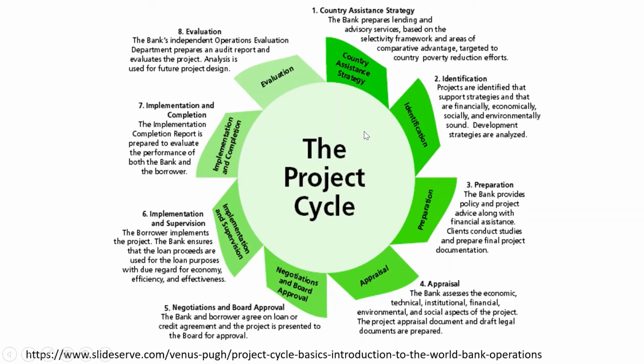The World Bank project cycle has, first, country assistance strategy, 2, identification, 3, preparation, 4, appraisal, 5, negotiations and board approval, 6, implementation and supervision, 7, implementation and completion, and 8, evaluation.